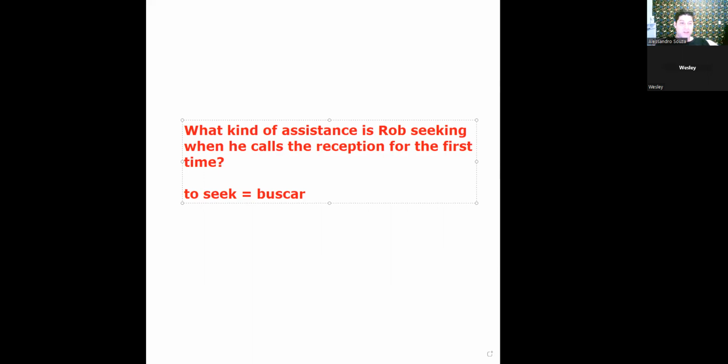Or he's calling about his room's broken air conditioning. You're right. He's seeking technical assistance. Or Rob is calling about his room's broken air conditioning.